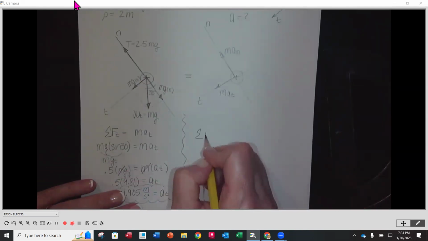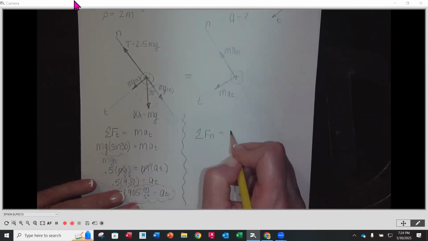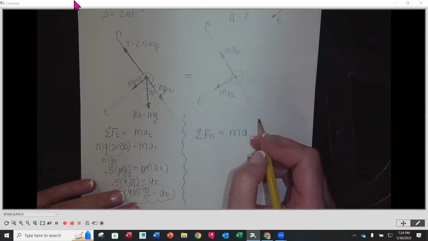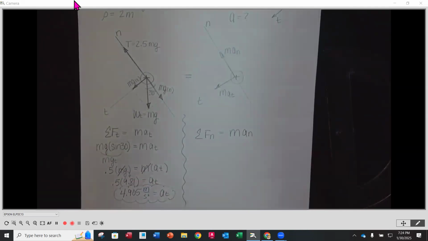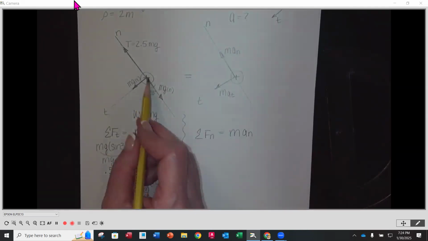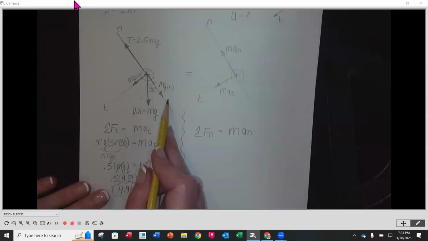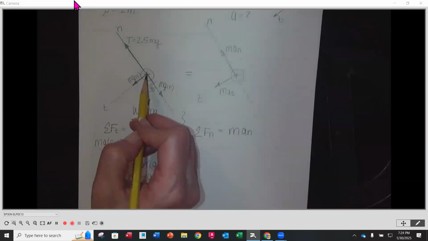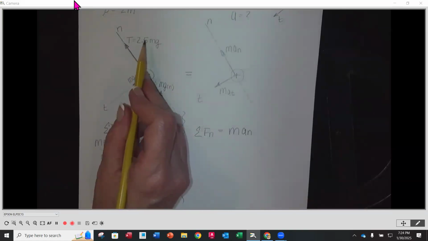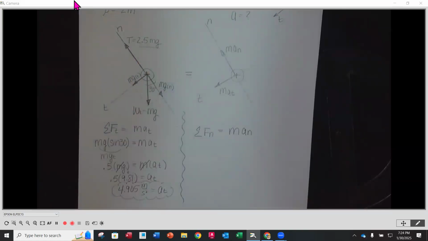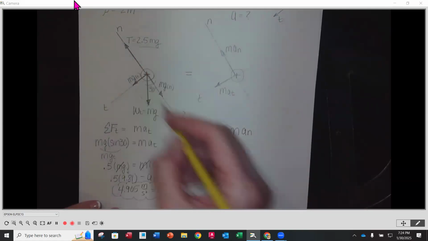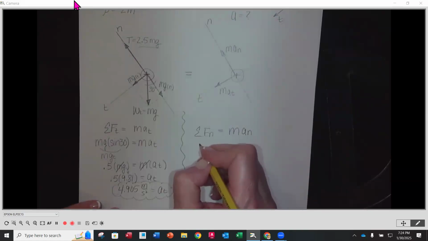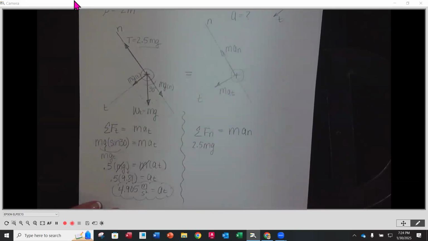So if we sum our forces along the normal axis, it's going to be equal to the mass times the acceleration normal. Now we're going to look along this line right here. We know that we have a positive tension, which is equal to 2.5 times the weight, or mass times gravity. So we're going to put that over here. Now that's in a positive direction, so that is going to be 2.5 mg, okay?